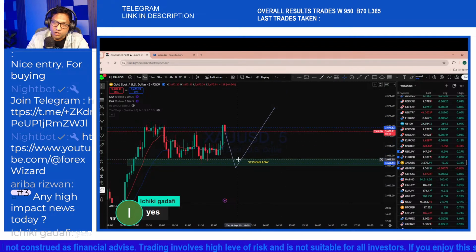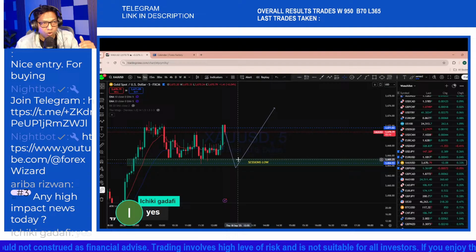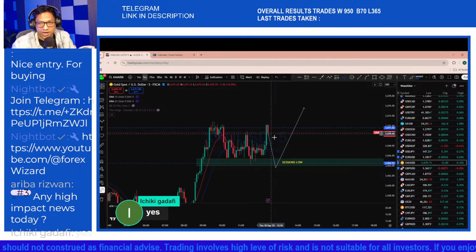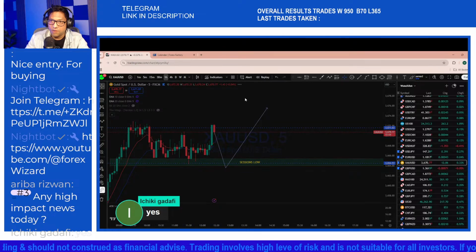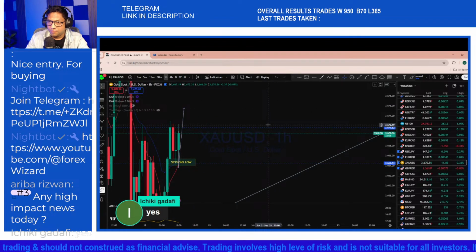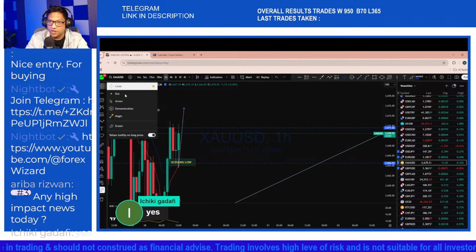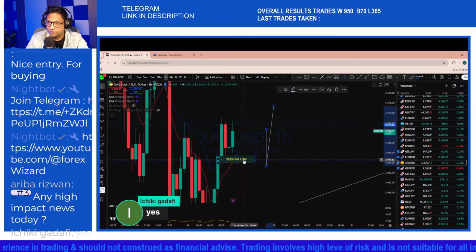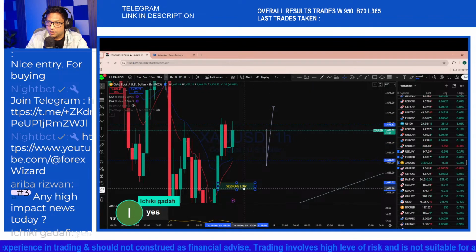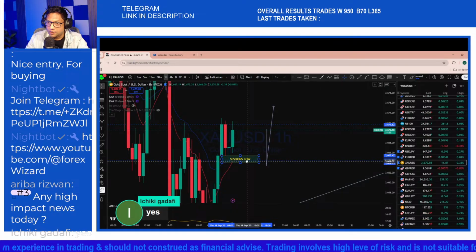Now if the market doesn't come here, then we will restructure our entry from the new market structure, especially looking at the 1 hour. Let's look at the lower time frame. The session's low is important.